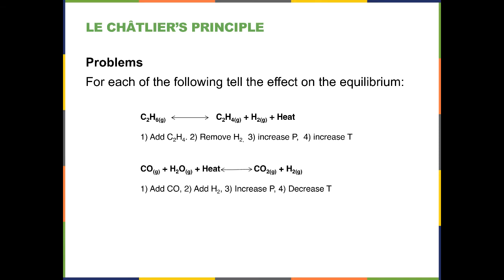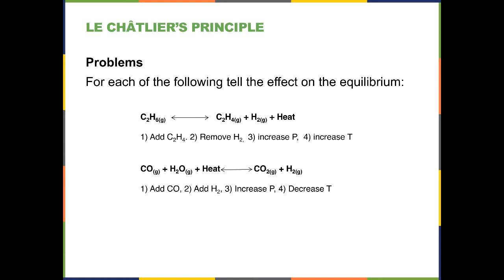Now stop the tape and see if you can figure out each of these before I tell you the answer. Okay, here are the answers. The first one is that you add carbon monoxide. If you add carbon monoxide, which is a reactant, it's going to shift to the right to get rid of that added carbon monoxide. If you add hydrogen, it's going to shift to the left to get rid of the added hydrogen.